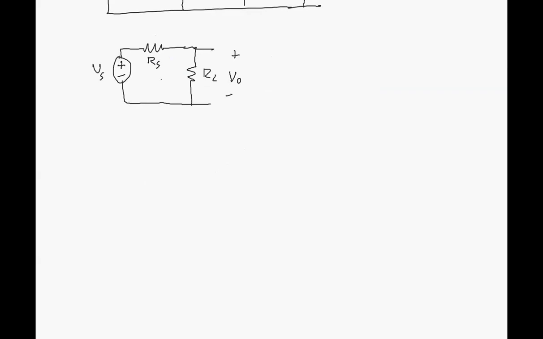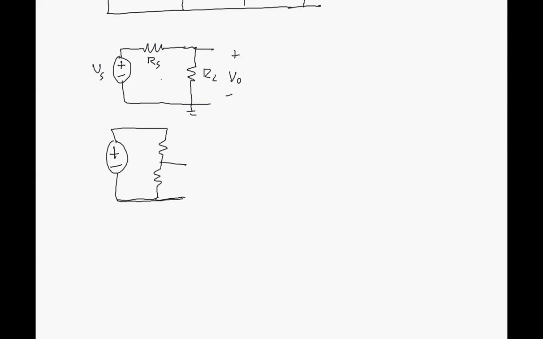Well, this is just a divider. We just have a voltage divider right here, and it just may be drawn in a way that confuses you. But this is a useful way to draw it, but we could certainly draw it like this, the way you might in Circuits 1. This would be the same circuit.